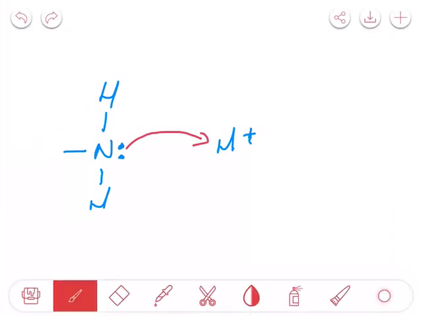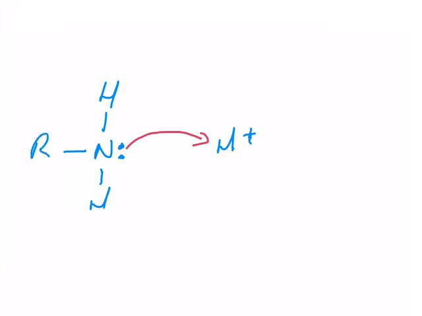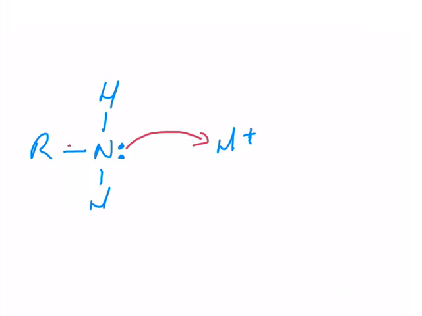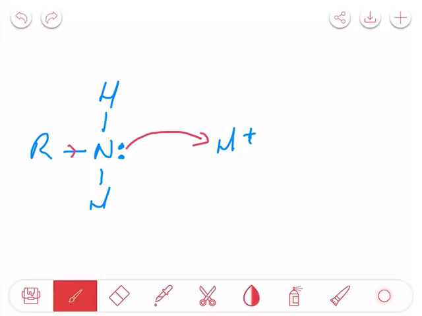The alkyl group here has a positive inductive effect. It has a push of electrons away from it. That increases the electron density there, so it makes it more electron rich. And because it is more electron rich, it has a greater ability to be donated to accept a proton.